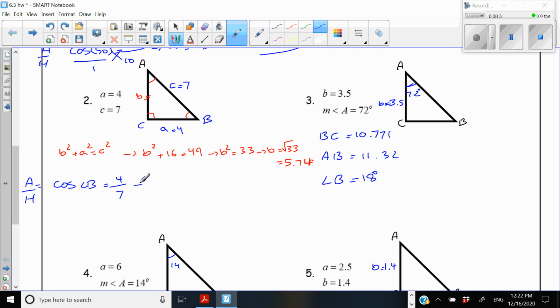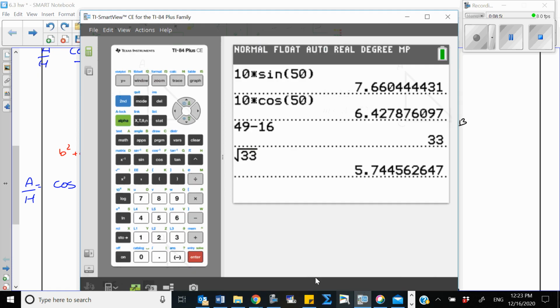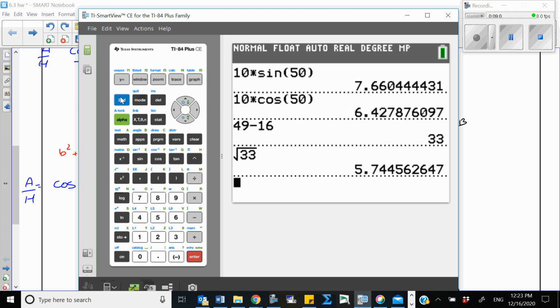Now, what is that angle? How do I find the angle? I'm going to use the inverse function of cosine. So cosine -1 of 4 over 7 is going to give me the angle B. Now I'm going to go to my calculator and find cosine -1.